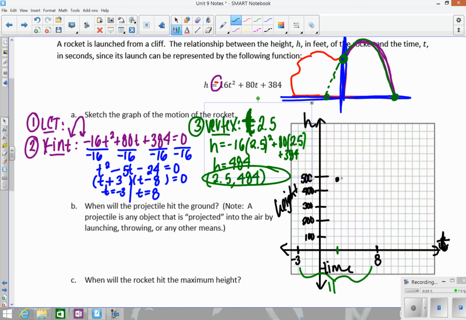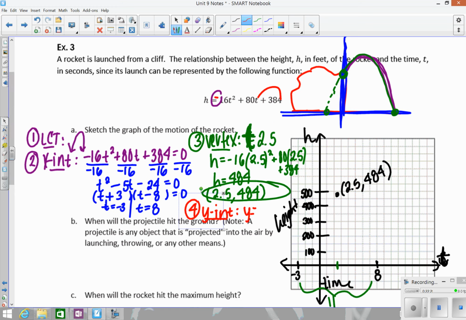So again, you're just kind of approximating this. And then the only other thing we need to worry about is that y-intercept, which is easy to find because it's just that number at the end. So 384. So 0 up to 384.